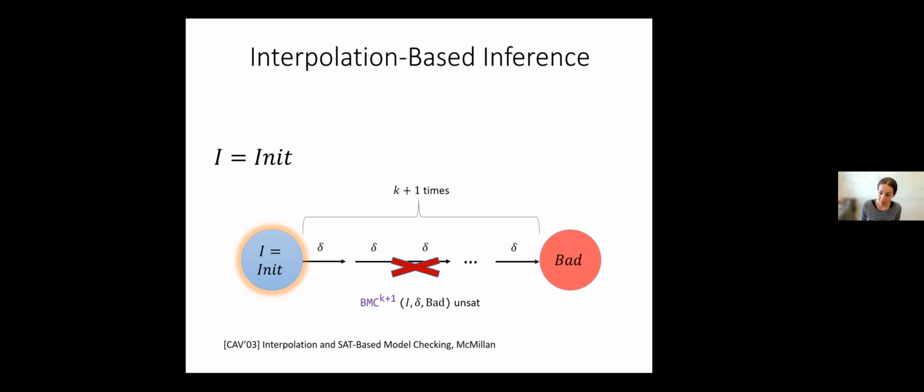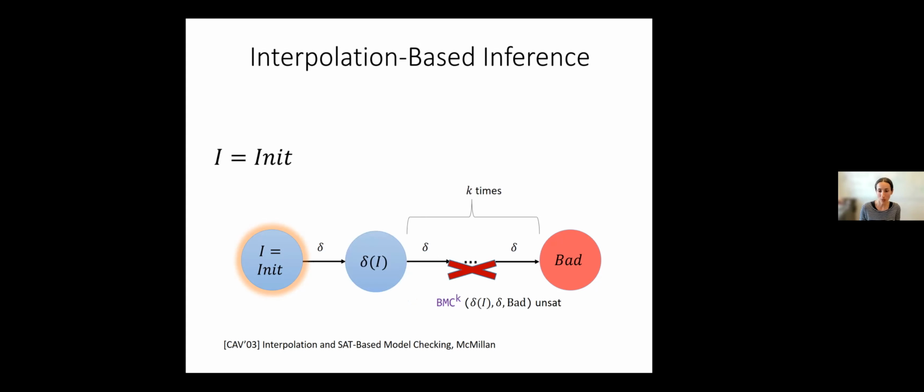But if it is unsatisfiable, then we use this result in order to extend our candidate inductive invariant. If the k+1 reachability query is UNSAT, this means that if we think of the post image of I, we know that in k steps, this doesn't reach a bad state. This bounded model checking query is also UNSAT.